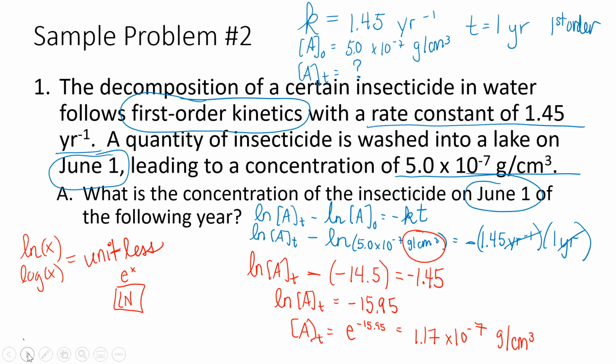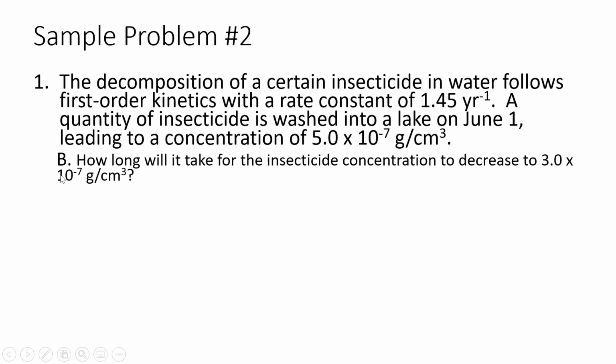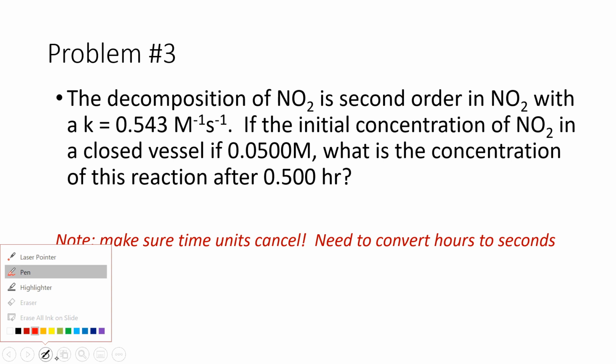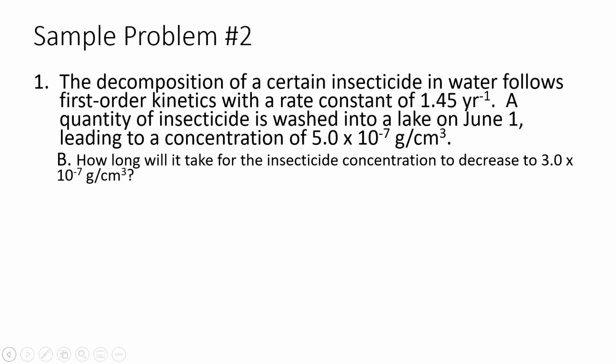All right, let's try one more problem with this kind of calculation. This is the same problem, part B, and we're looking at how long it will take for the concentration to decrease to a certain amount. Remember, all of the things that we knew from the previous slide still hold true. We know it's a first order reaction, so this equation is the natural log of the concentration at time t minus the natural log of the concentration at time 0 equals negative kt.